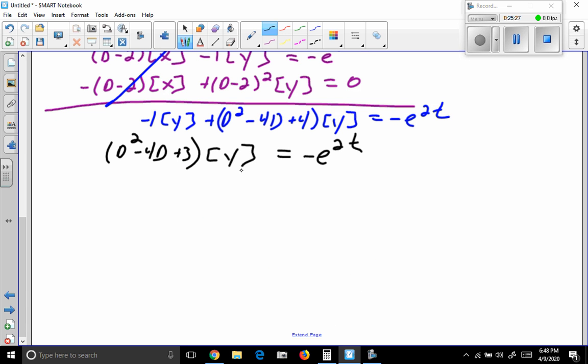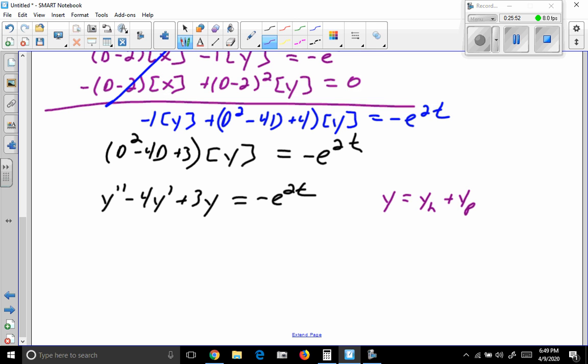So if we put this in the standard form, we have the second derivative of y minus 4 times the derivative of y, and then 3 times y. And that equals minus e to the 2t. Now, remember, to solve this, we have a homogeneous solution and a particular solution.